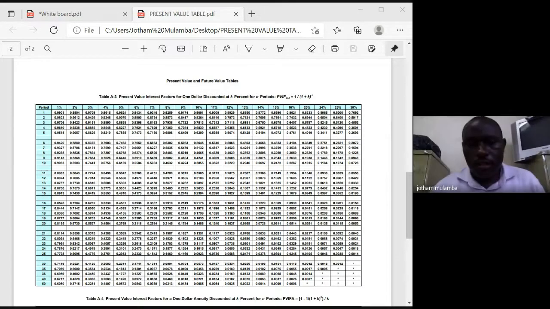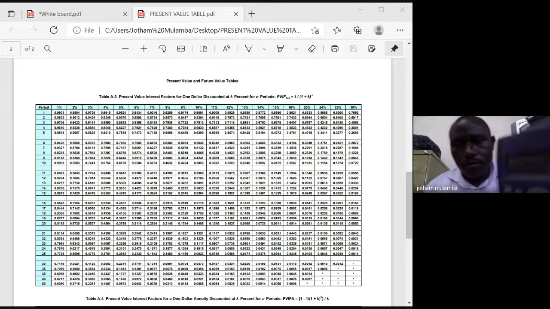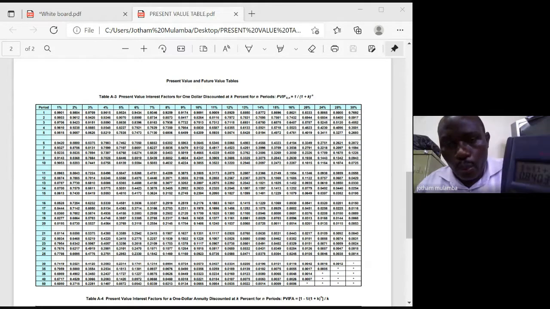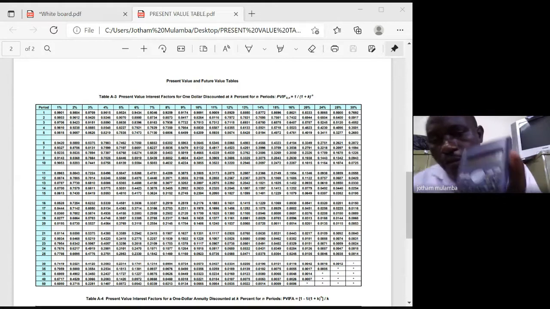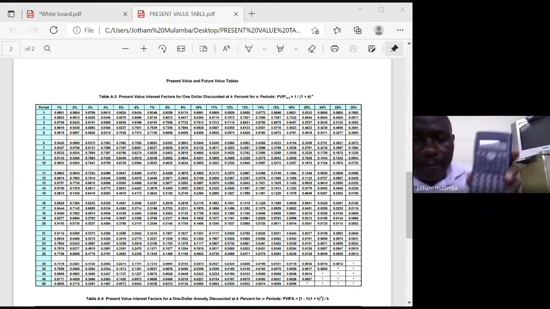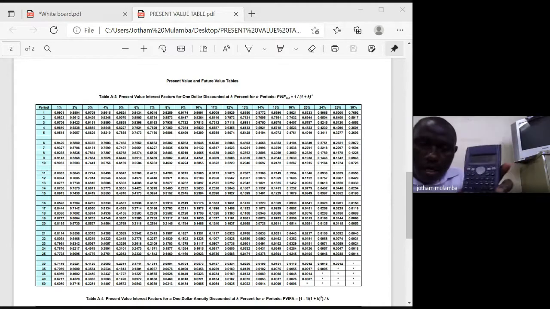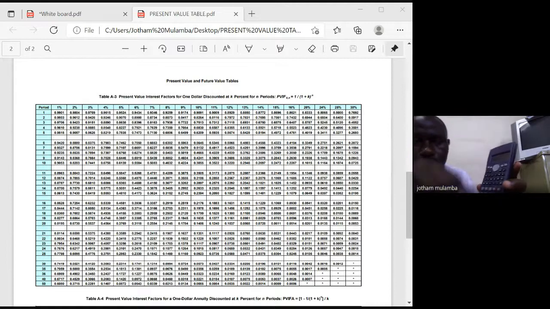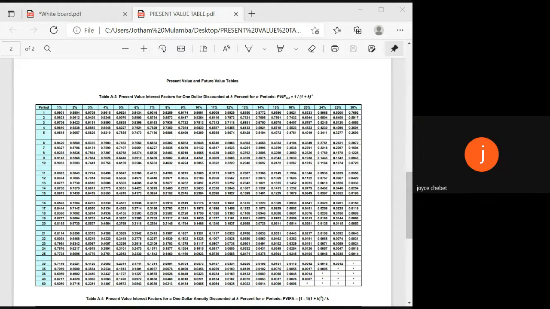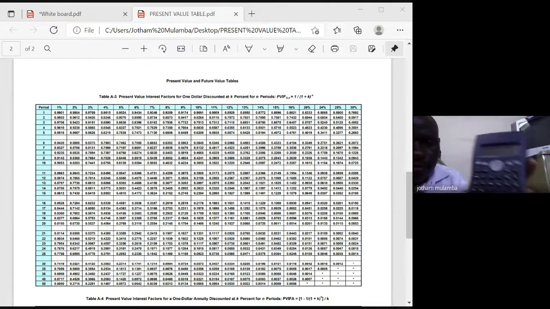Just a minute. I believe you are able to see my calculator, though you cannot see the figures on it.